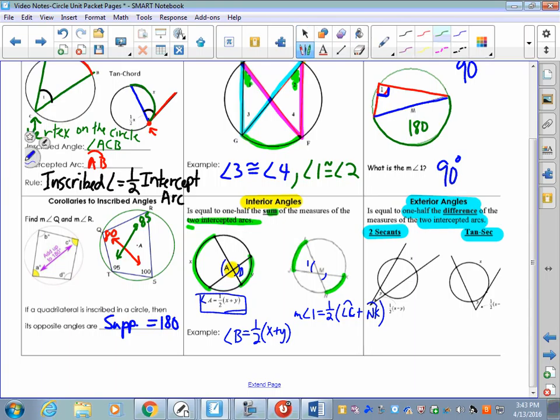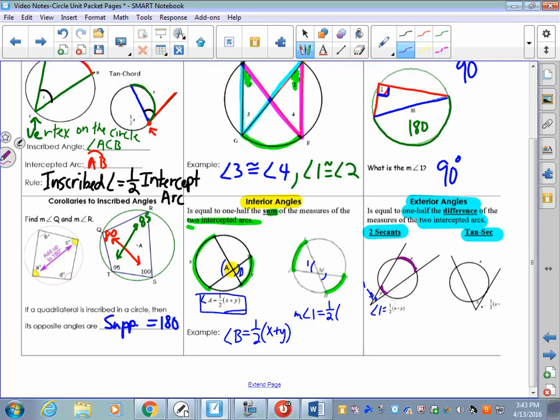Here, angle 1 is going to be half of the difference, so we're subtracting. The arcs have to be inside of the angle, between the secant or the tangent.